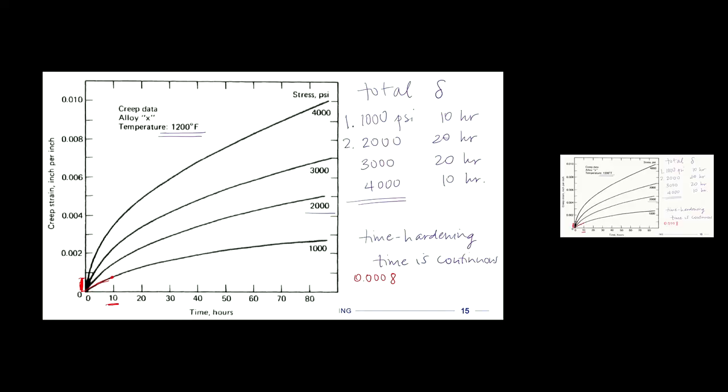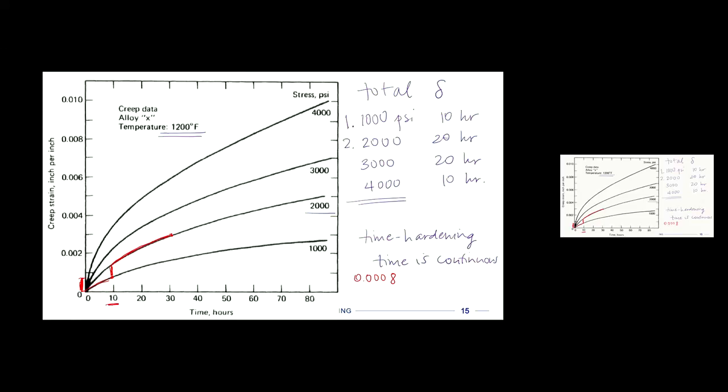Because this is time hardening, when we move to the second phase, we're going to start at 10 hours again, but we're going to jump up to the next line of stress because our second phase is at 2,000 psi. So we jump straight up to that line, and then we go 20 hours on that line. So we can find where 30 is, and then we go along here.